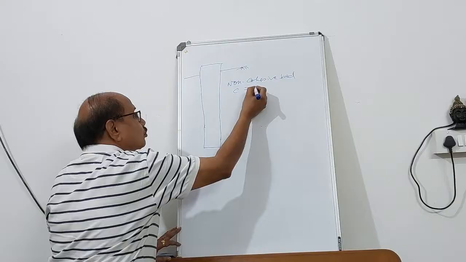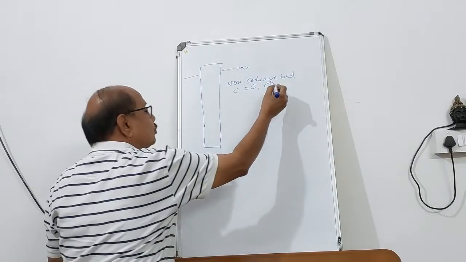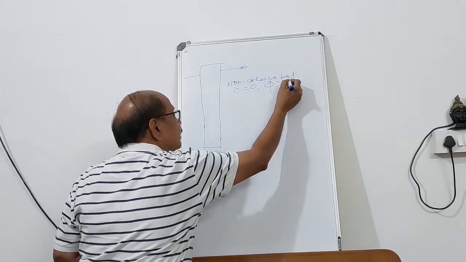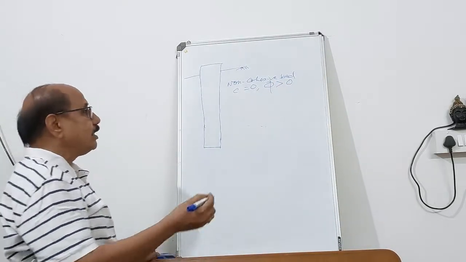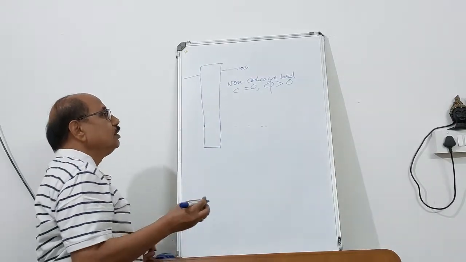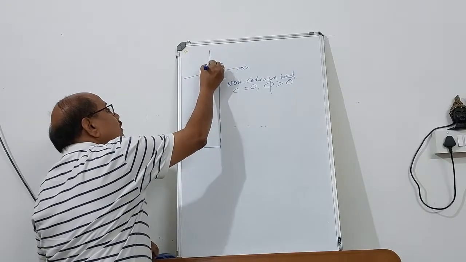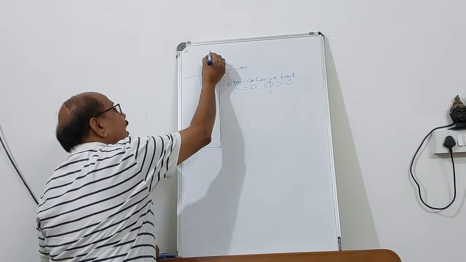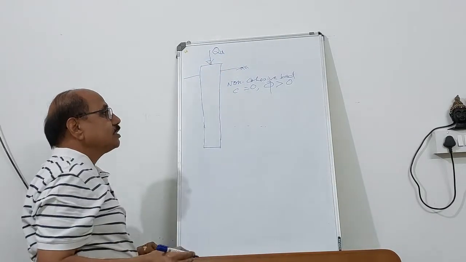That means C equal to 0 and phi is not equal to 0. It is always greater than 0. So non-cohesive bed like sandy ground. And we need to find out the axial load carrying capacity, the ultimate load carrying capacity of this pipe.